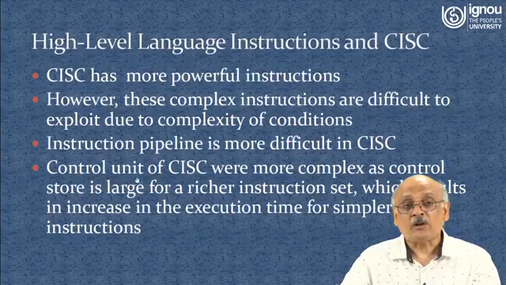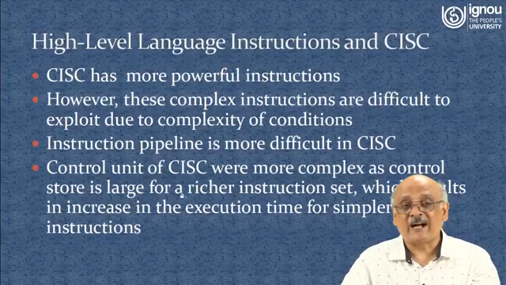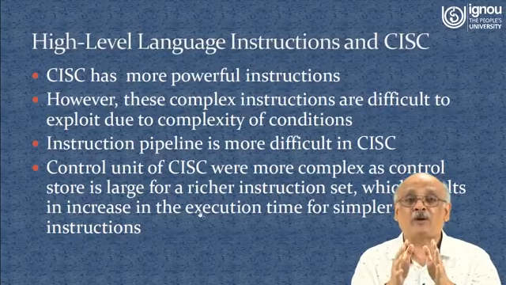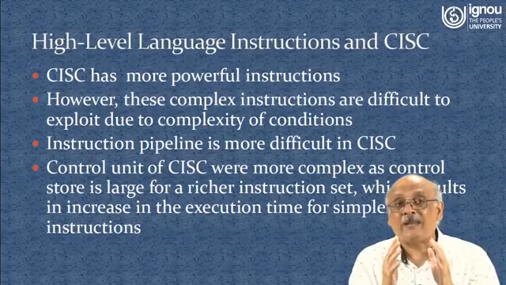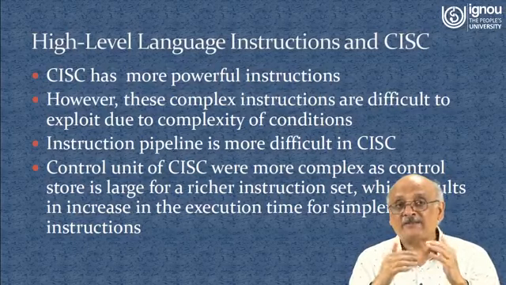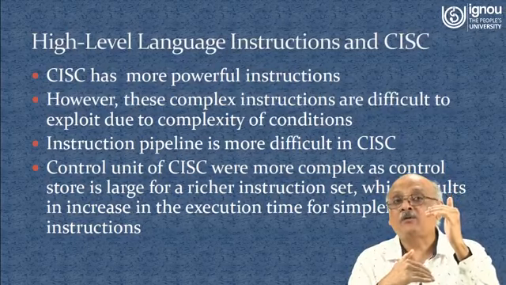The control unit of CISC was more complex as the control store is large for a richer instruction set, which results in an increase in execution time for simpler instructions. Now, this is a very important statement: control of complex instructions is more complex, meaning there will be a bigger control unit.